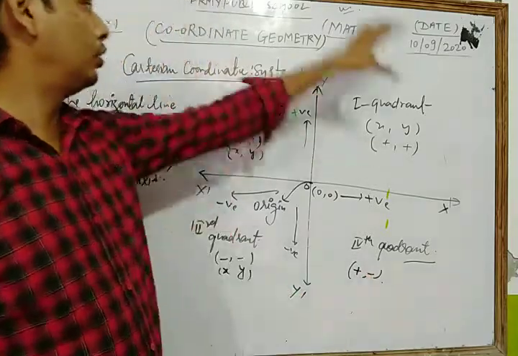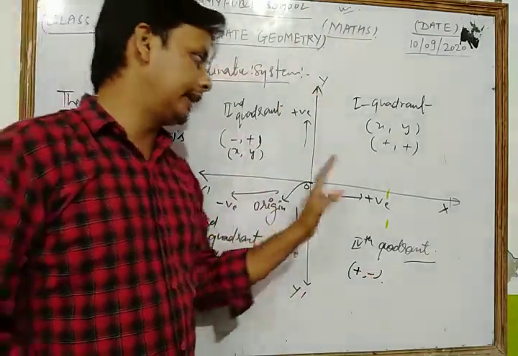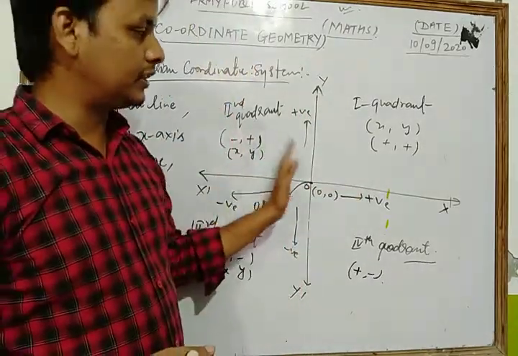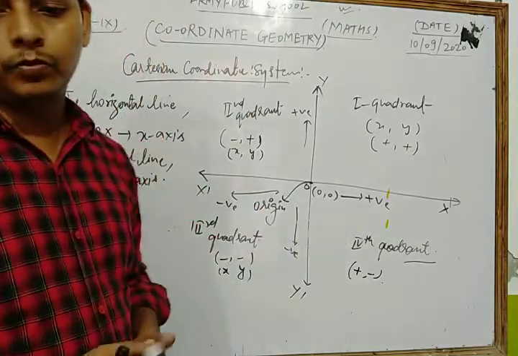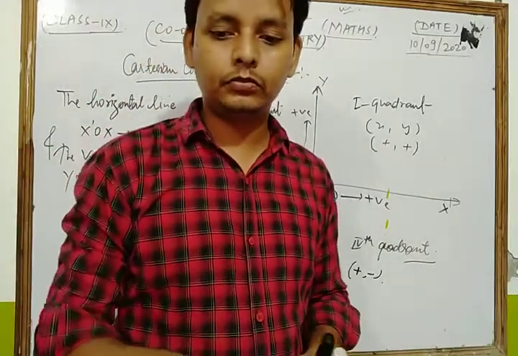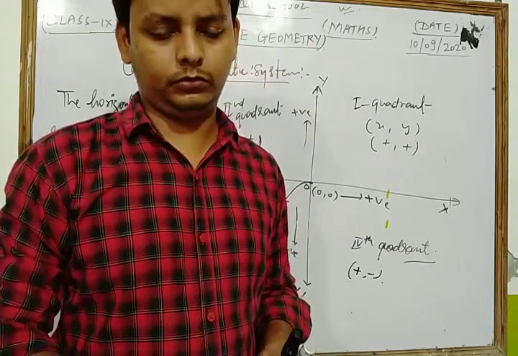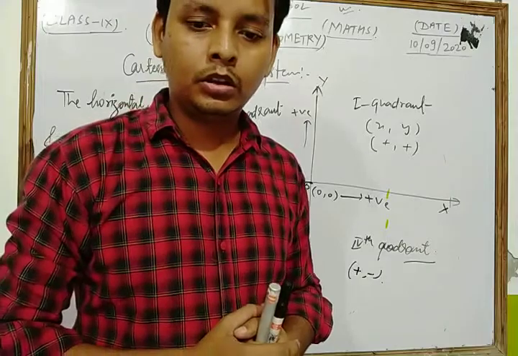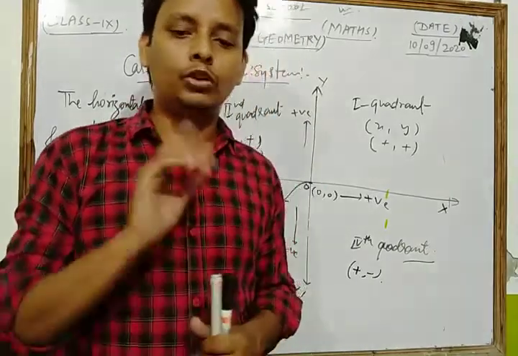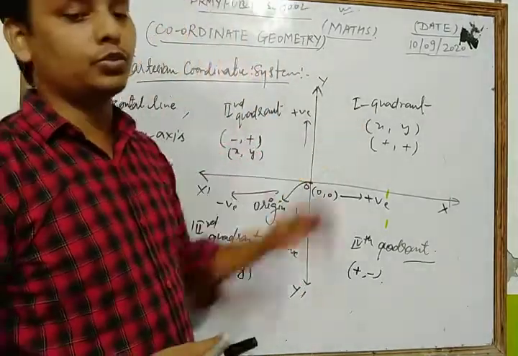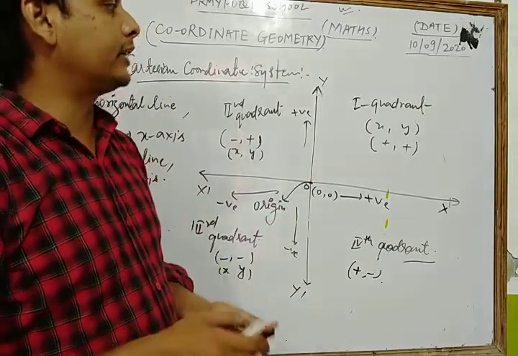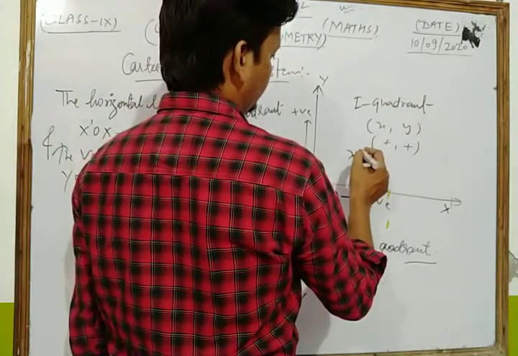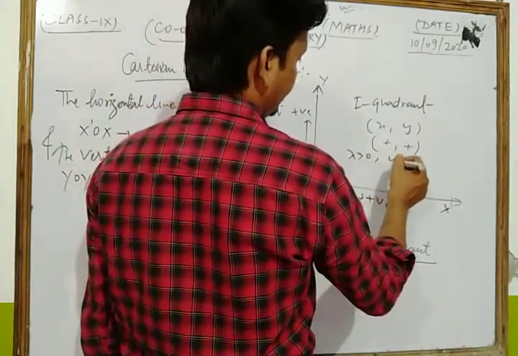In this way, this is the whole Cartesian coordinate system, dear students, and this is a very important concept. So please remember all the points always in your mind. In the first quadrant, both abscissa and ordinate are greater than 0: x is greater than 0 and y is greater than 0.